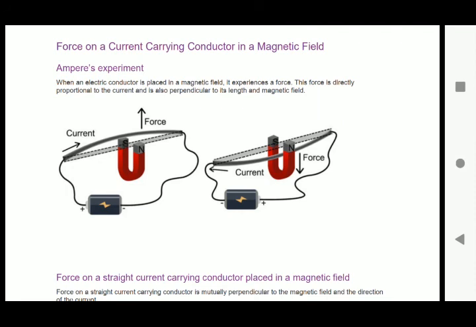So, from this activity, we can conclude that when a current carrying conductor is placed in a magnetic field, a mechanical force is exerted on the conductor which makes it move.